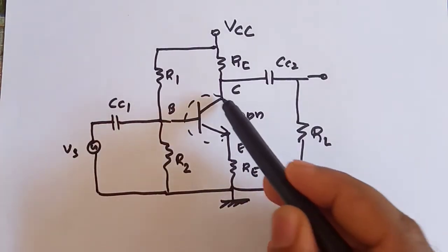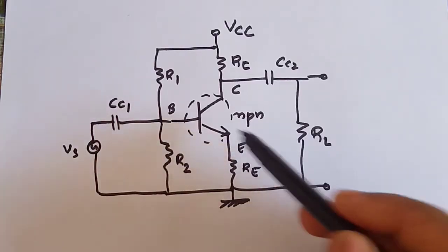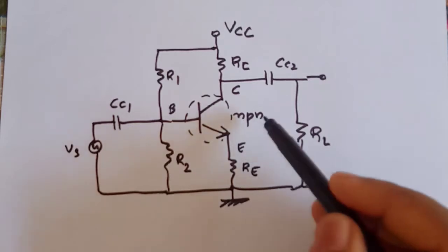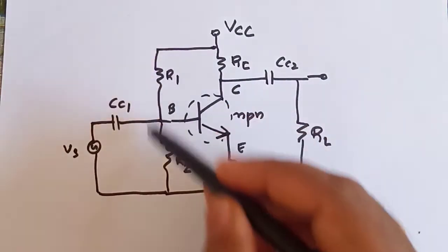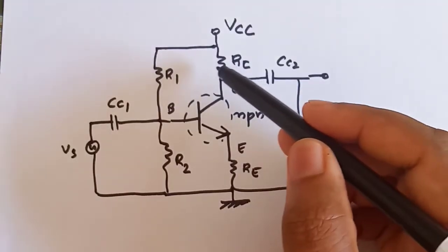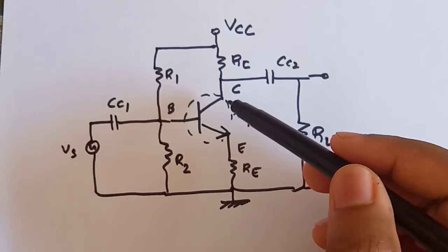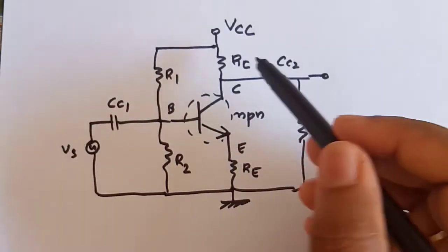First you need to draw the NPN transistor and mark the terminals emitter, base and collector. The arrow for NPN is in the outward direction. And the second thing, we need to draw the voltage divider bias circuit. It is used for proper biasing, meaning to set the initial operating conditions of the transistor.